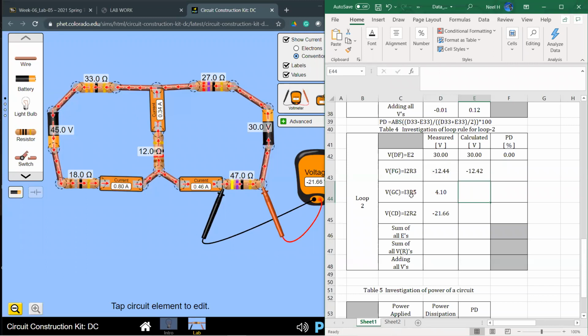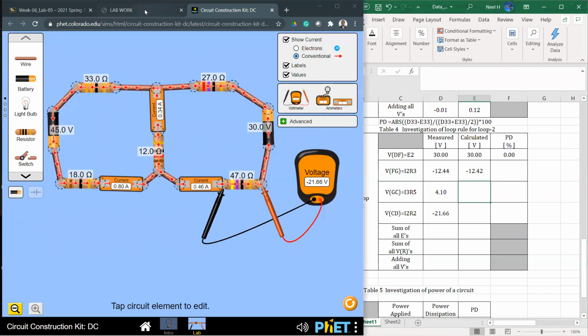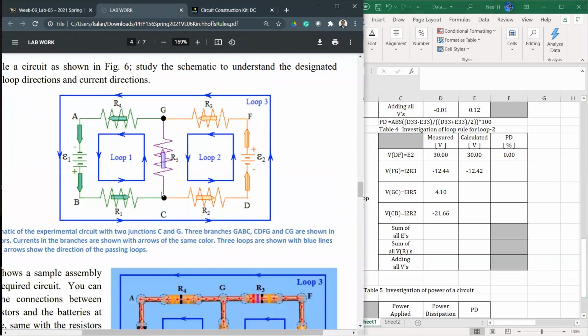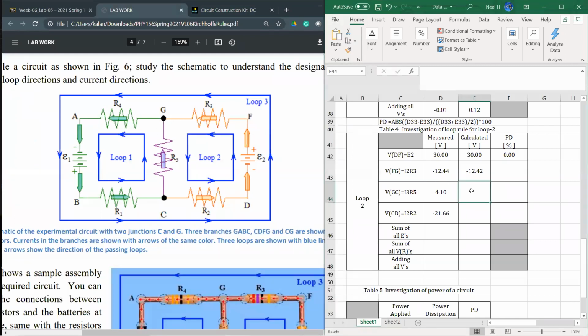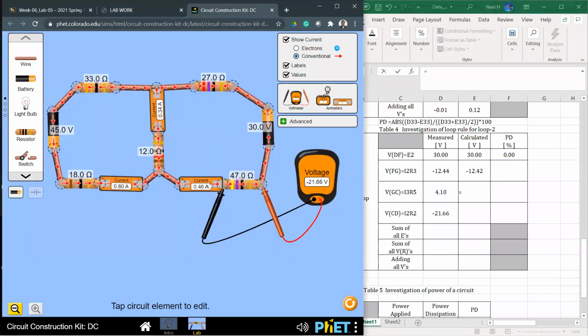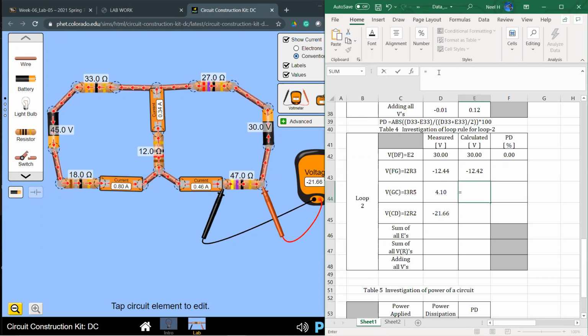Let's check it out. I3 R5, right? We are moving top to bottom, G to C, against the current. Sign should be positive. Sign is positive. I3 number is 0.34, R5 number is 12. 0.34 times 12, about the same.